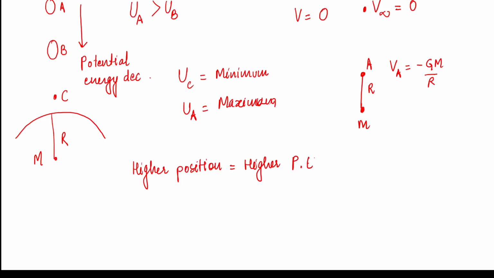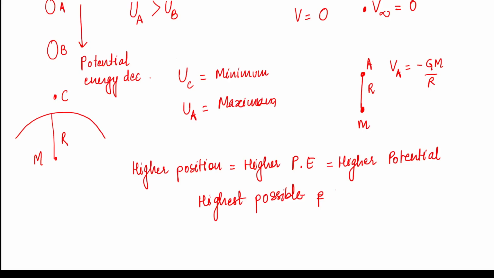Okay, so I'm going to write potential energy, which is equal to higher potential, because potential is defined as potential energy per unit mass, and the highest possible potential is zero. Yeah, that's it. So the highest possible potential is 0.